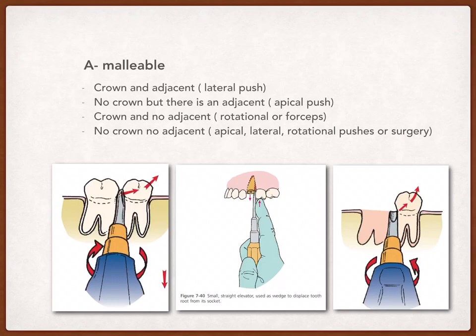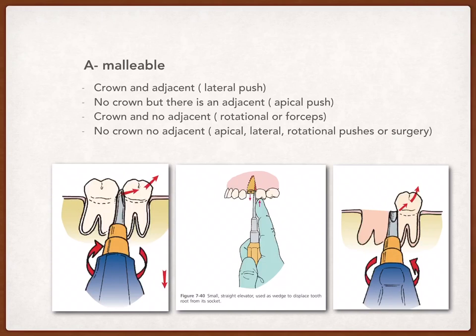As you can see here in the direction of the arrows, they are pushing the tooth, not other forces, because other forces will affect the adjacent tooth. So concentrate here that you should push the intended tooth and then it will be luxated.